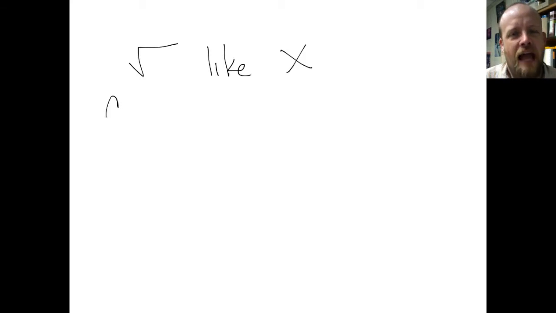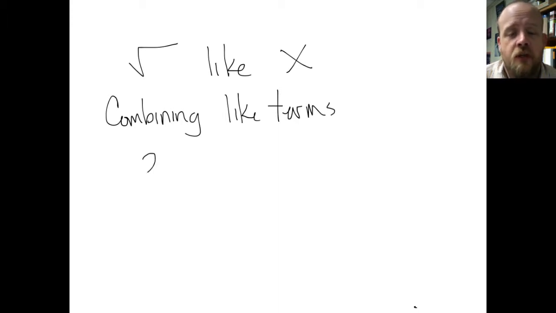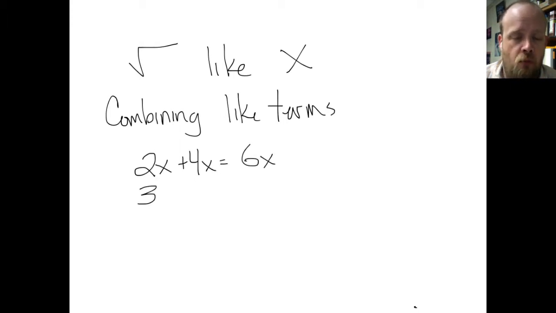Think about how we used to combine like terms for any variables. For combining like terms, all we're really looking for is to figure out what it is that matches between different terms. For example, 2x plus 4x gives us 6x. 3x minus 2x gives us 1x.